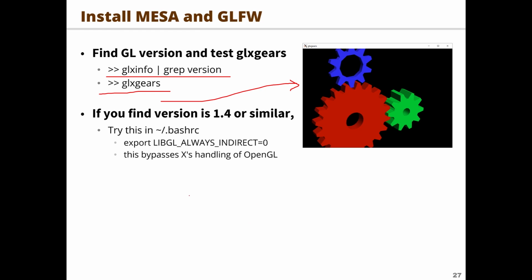If you find the OpenGL version is 1.4 or 1.3 something like that, then there is a problem, since your OpenGL should support higher than 3. In that case, troubleshoot this way. I don't provide full details of troubleshooting.